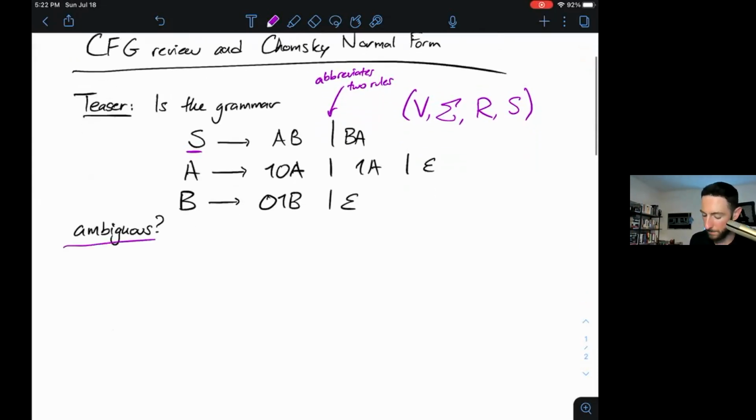So that's the grammar. The next thing to understand to solve this problem is the word ambiguous, which we discussed last time, but just briefly at the end.